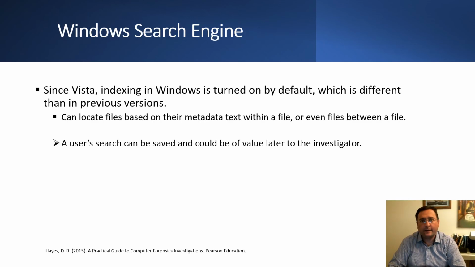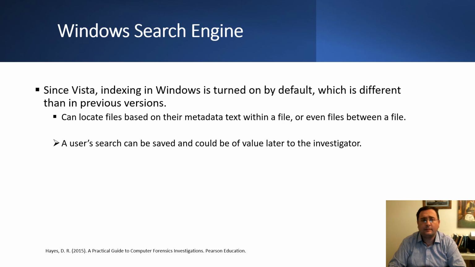Since the Vista operating system, indexing in Windows is turned on by default, which is different than in previous versions. The indexing feature allows for search of numerous file types, which is an advantage.